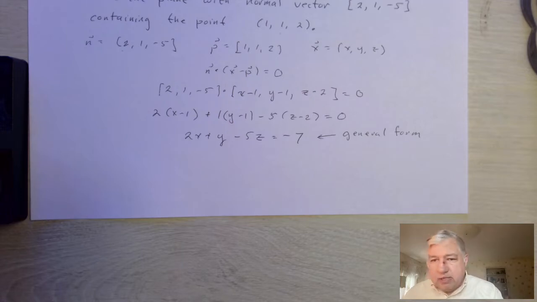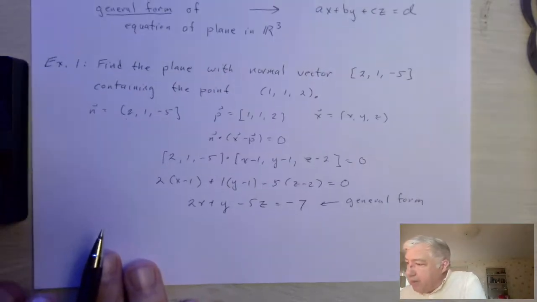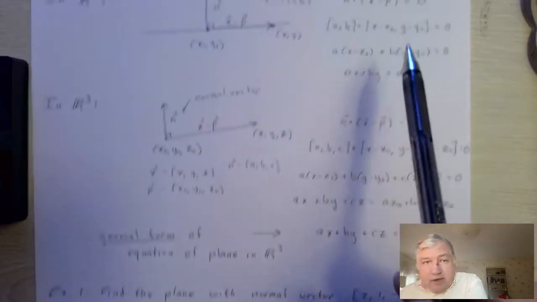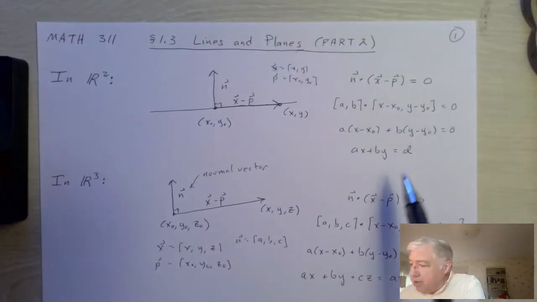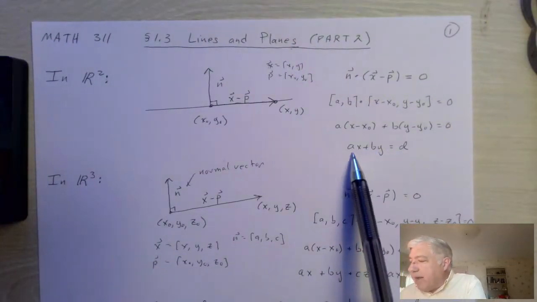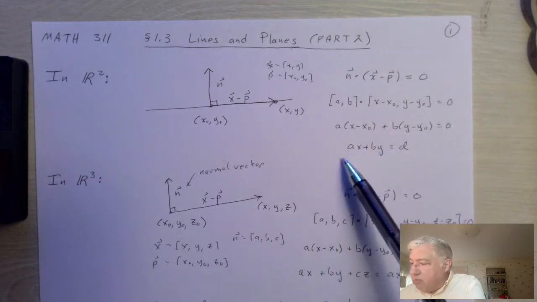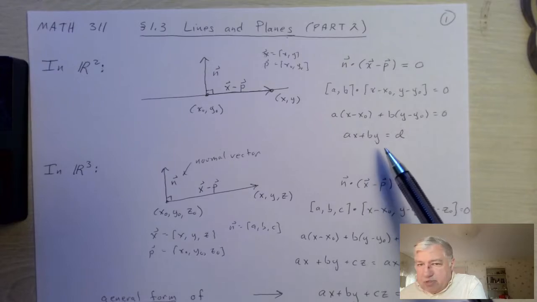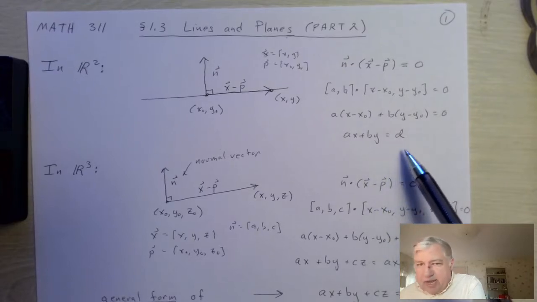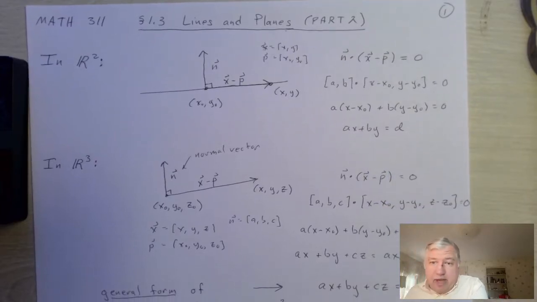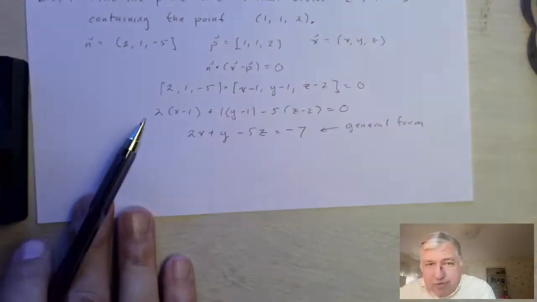It's not as hard as you would think, because if you look back in R2, we could write y in terms of x, right? And then we could write the vector x, y as some constant vector plus x times another vector, if you remember that from the last video. Well, we can do the same thing here.